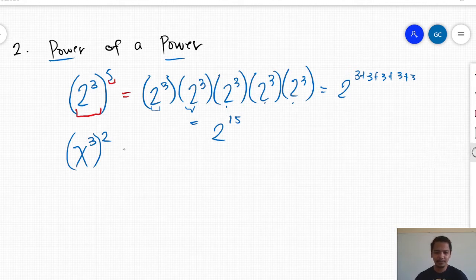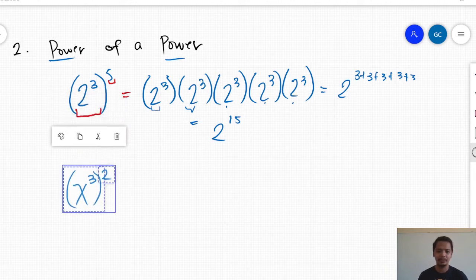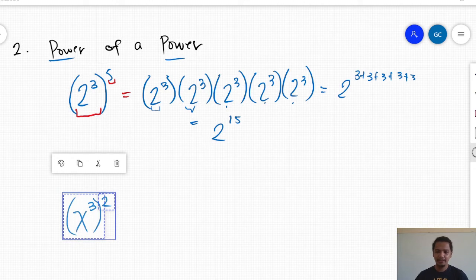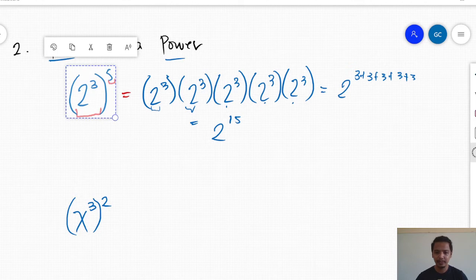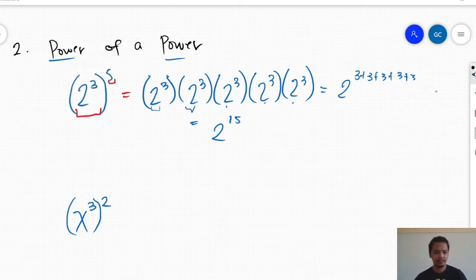Okay. Nandyan na yung sinasabi nating pwedeng maging shortcut. Kung papansinin nyo yung 15 at saka yung exponents na ginamit natin, yung 2 raised to 3 raised to 5, pansinin nyo yung exponents. So, we have there 3, 5, 15. So, anong meron sa 3, sa 5, at sa 15?